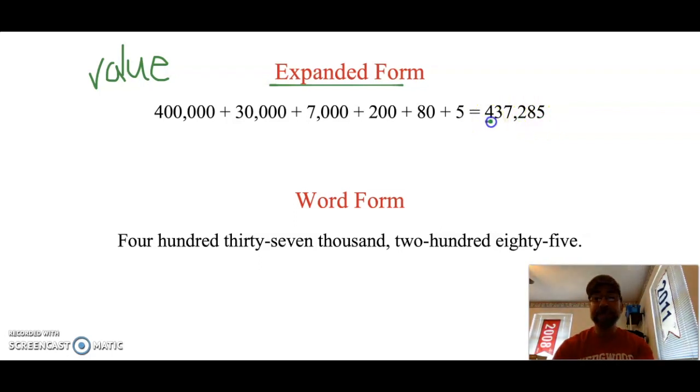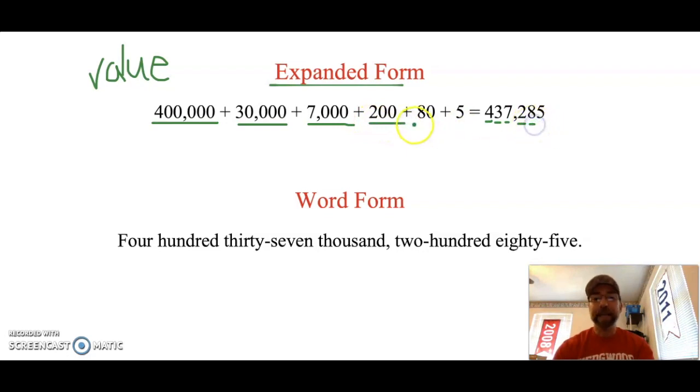So every digit has a specific value, and in expanded form, we add up the value of every digit.